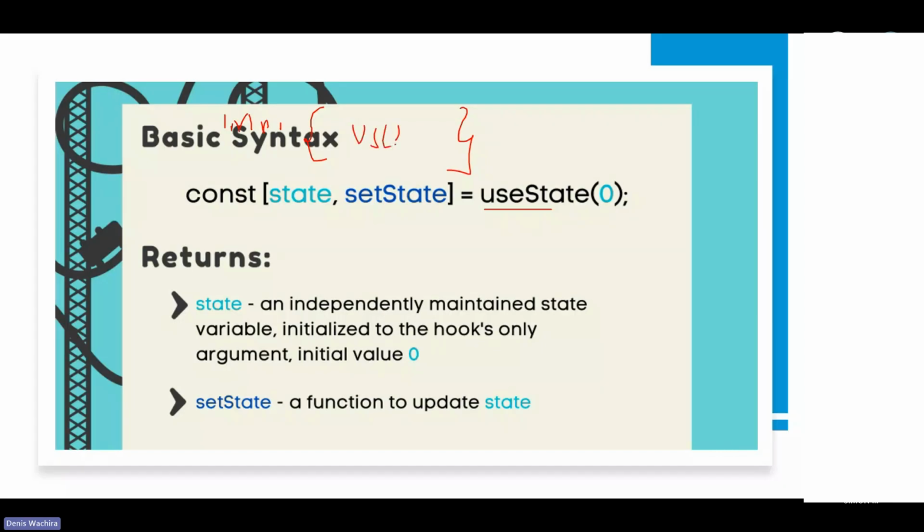Then you make sure your state starts somewhere, so the initial value should be passed to useState. useState returns two values: the state and the setter function, which is the function that updates the state.